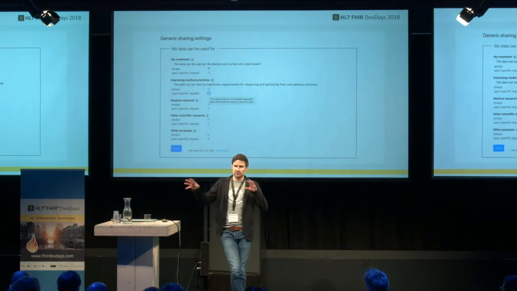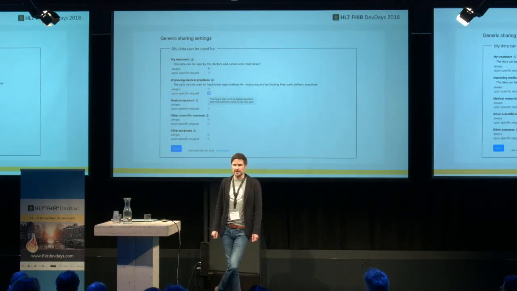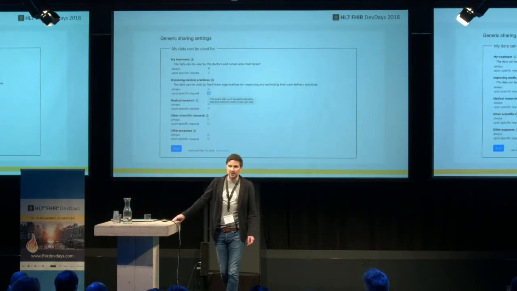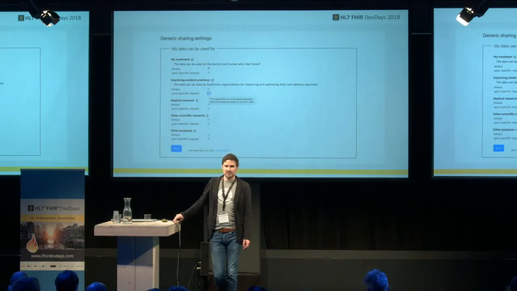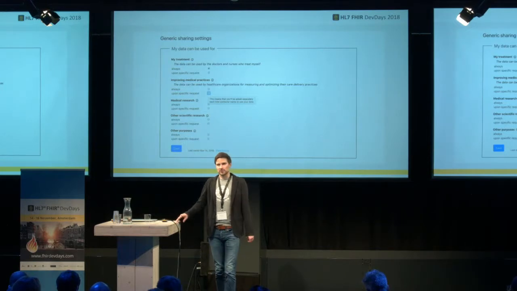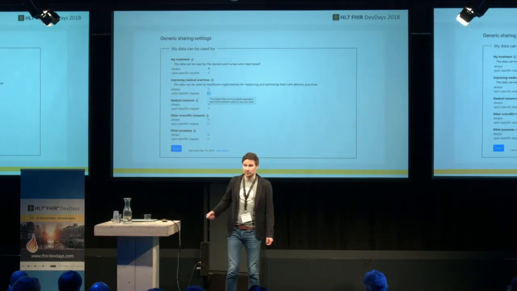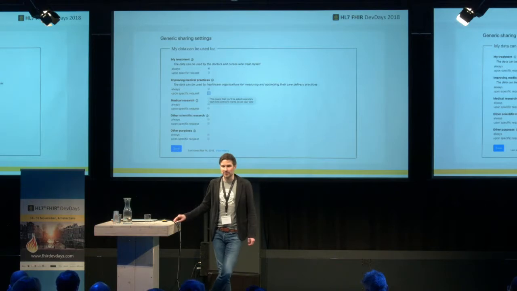If somebody would fake a consent, they wouldn't necessarily be able to do anything with that, because they would then also need access to our systems or other systems to get the data too.